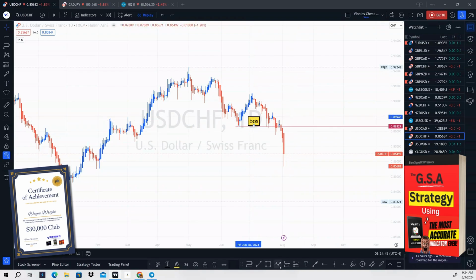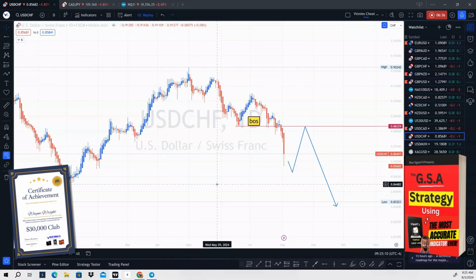So most likely price is going to drop down just a little bit more, and then price is eventually going to pull back to retest this area here, right? Then when price retests this area, we can look to take a sell and go with the trend again. All right. So now next week, we are going to look for opportunity to buy USD CHF.